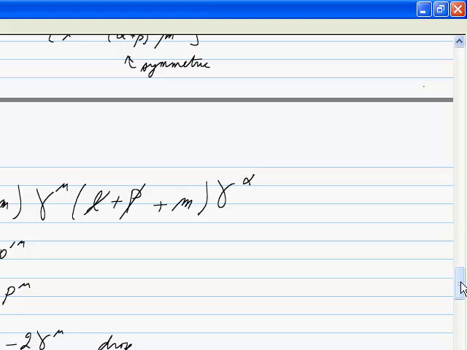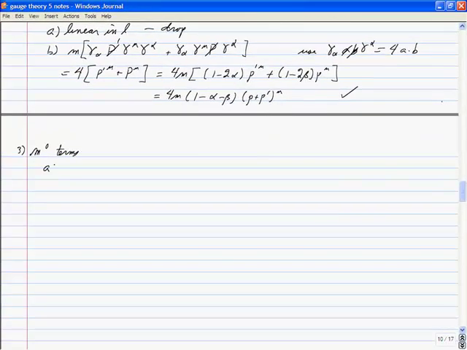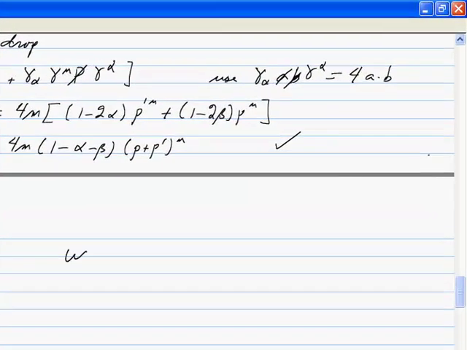And there's P and P. So we can quickly get rid of these guys. Let's just see. The first one is gamma mu L slash gamma mu L slash gamma alpha with 2 L squareds. You see there's no p plus p prime there, but let's show you that it does reduce to gamma mu.